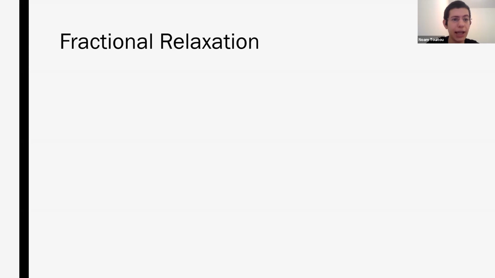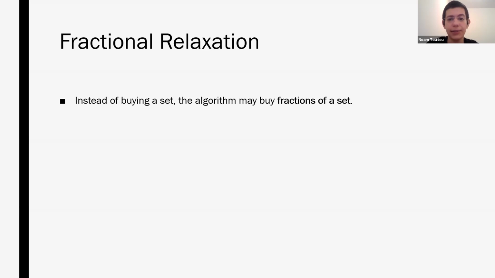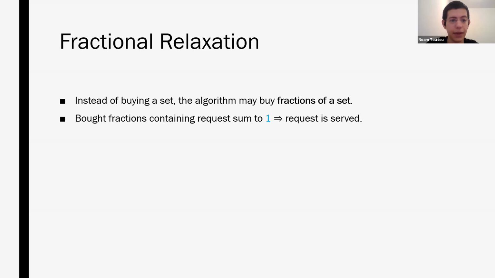So in this fractional relaxation of the set cover with delay problem, instead of buying a set, the algorithm is allowed to buy fractions of a set. In order to know when a request is served, you need to look at the bought fractions of sets that contain that request. And once the sum of those fractions is at least 1, then that request is served.